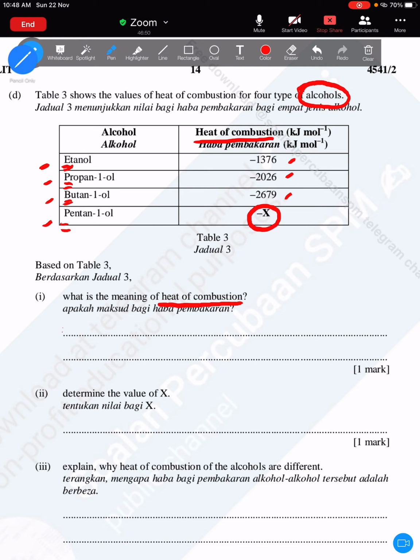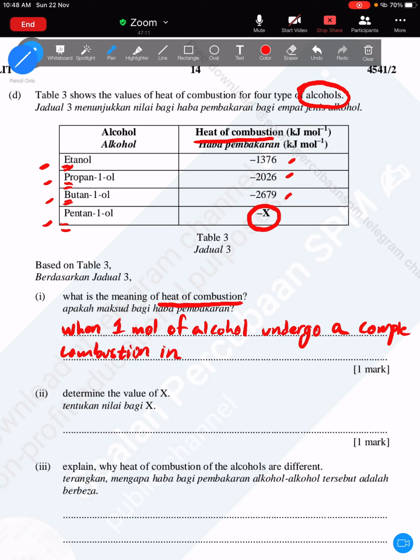Therefore, I can say when 1 mole of alcohol undergoes a complete combustion in excess of oxygen at standard condition. Bingo. That's how you do it.